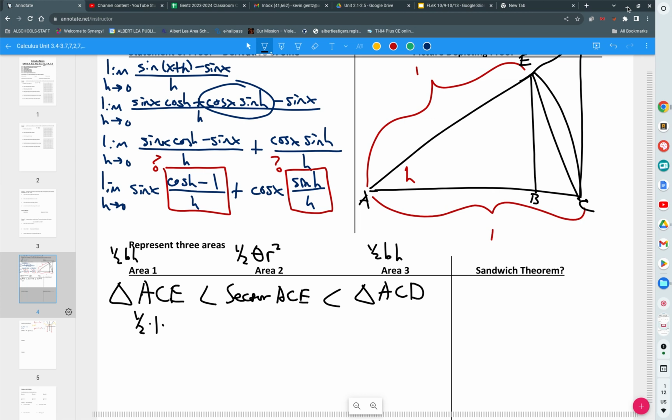Sine. So I could say that the sine of angle H is equal to that opposite side right there, divided by 1. So wait a minute. If sine of H is equal to the opposite over 1, does that mean the opposite side is equal to the sine of H?